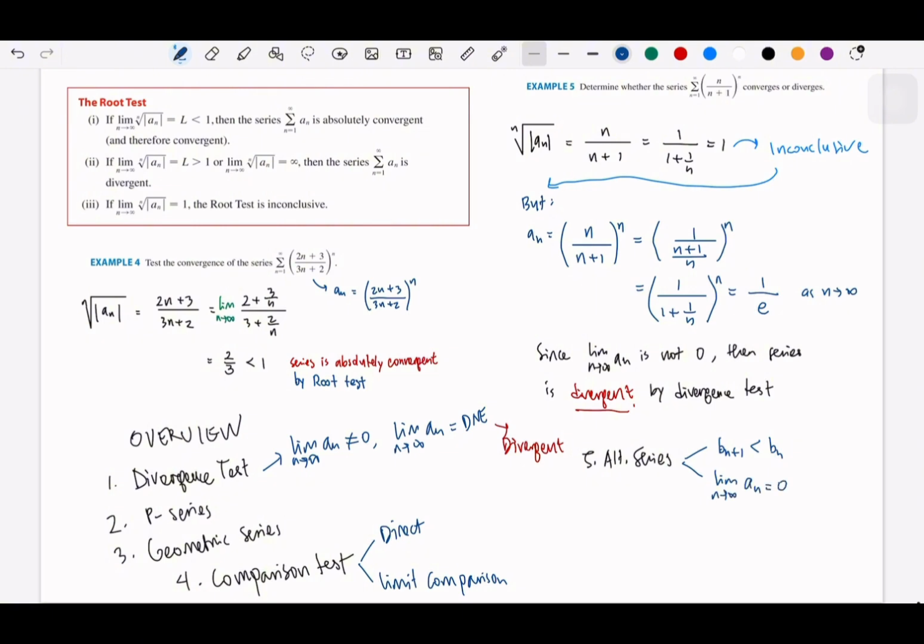Remember the alternating series, most of the time you will see that it has the -1 term in the formulation. Or if you expand, it will have plus minus, or negative plus negative. As long as you have this, then you can say it's convergent. But remember, in alternating series, the convergence could be absolute or conditional.